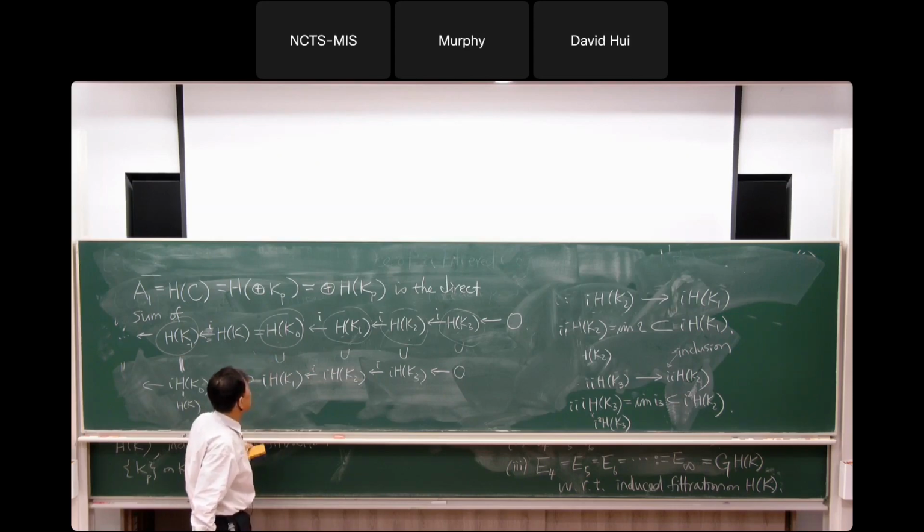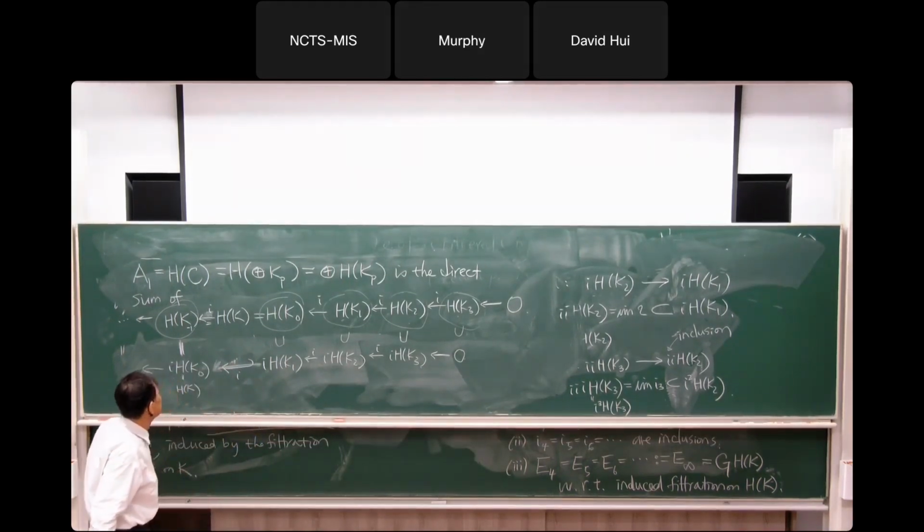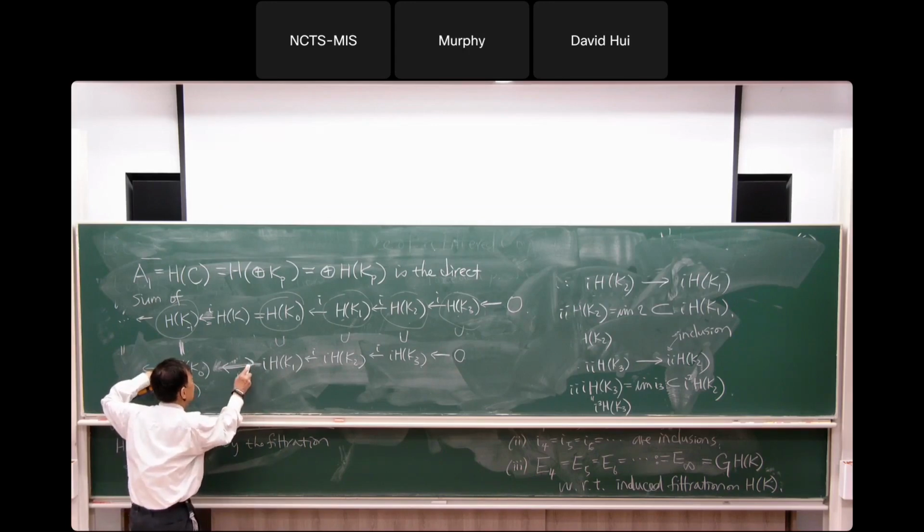What is the difference between this row and this row? I guess we just know that this is an inclusion, right?